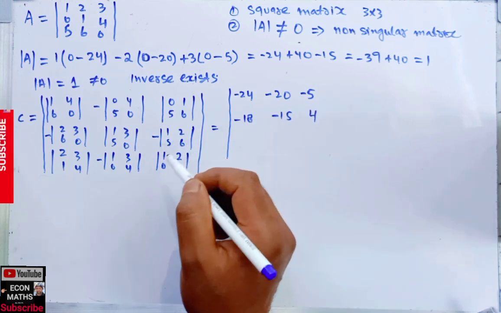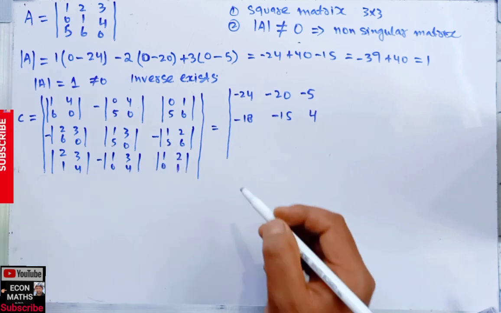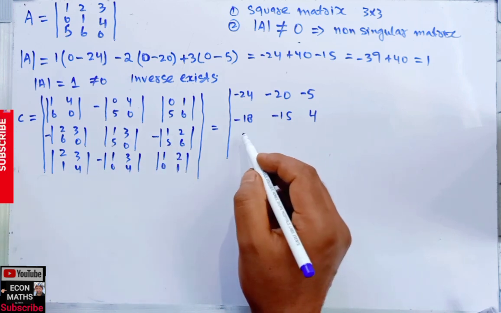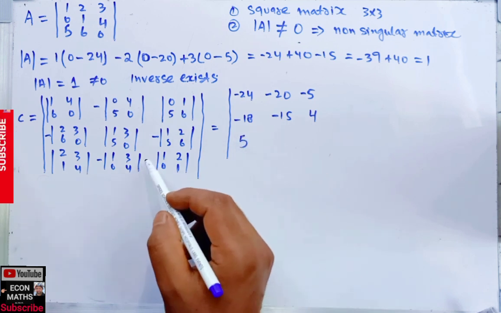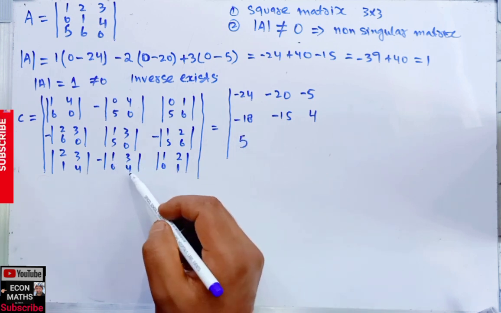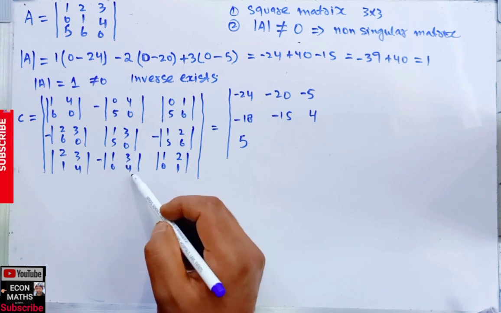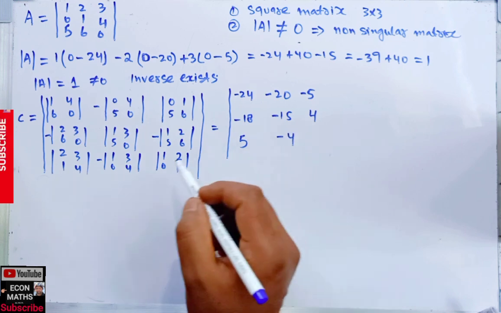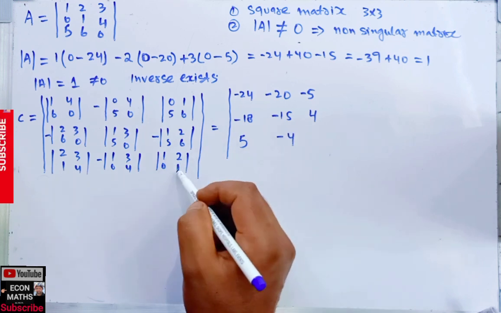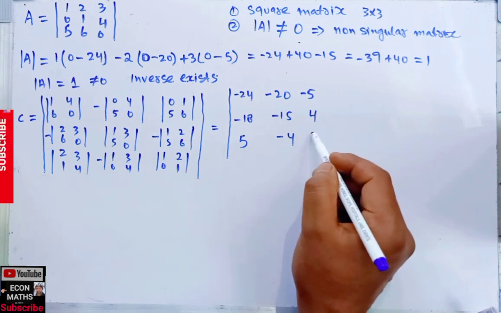Minus minus is plus. Here 2 times 4 is 8, minus 3 times 1 is 3, 8 minus 3, that is 5. Similarly, here 1 times 4 is 4, minus 3 times 0 is 0, that is here minus 4. And here 1 times 0, 1 times 1 is 1, minus 2 times 0 is 0, so we will get here 1.